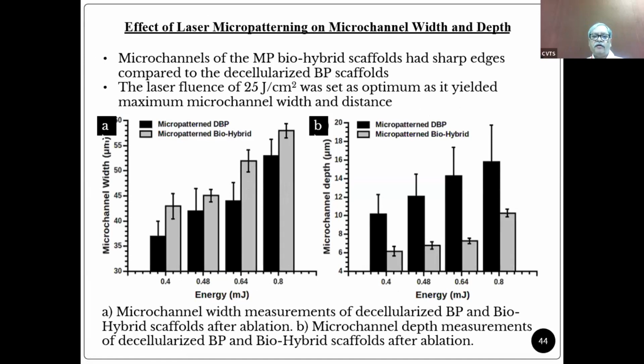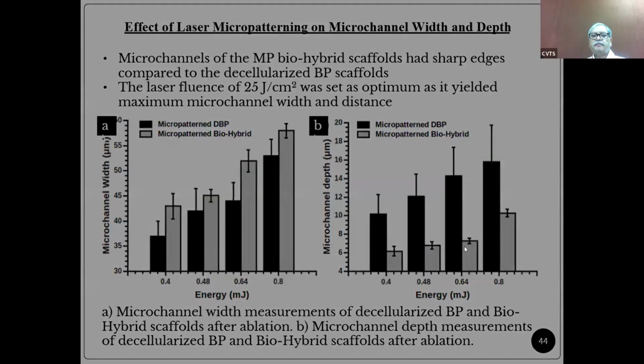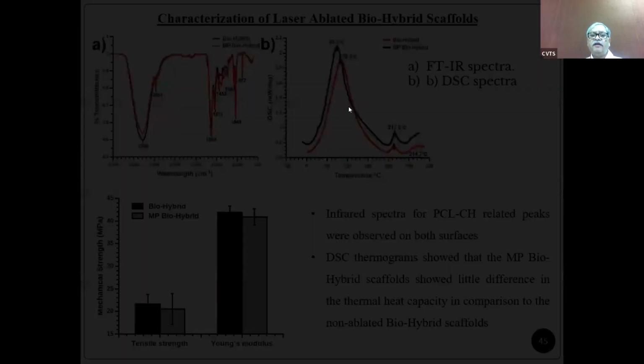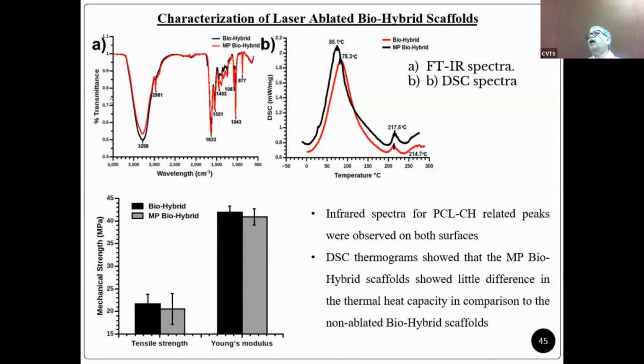And then the effect of the laser: you can see that as energy increases, the patterning increases compared to the decellularized pericardium, and that also shows the bihybrid patterning was different. This is from the joules energy point of view. We also characterized with FTIR that no bonding is lost.